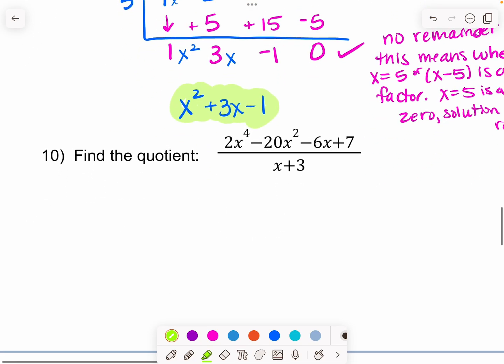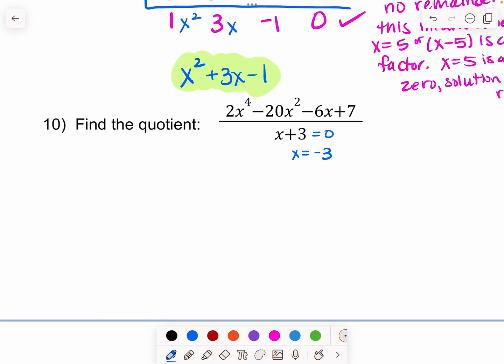Now the next one, same idea. Find the quotient, whatever we divide by, the divisor. We solve for x, so it's going to be equal to 0. Now this is one of these ones you have to be very careful of. There are placeholders needed. There are 2x to the 4s.